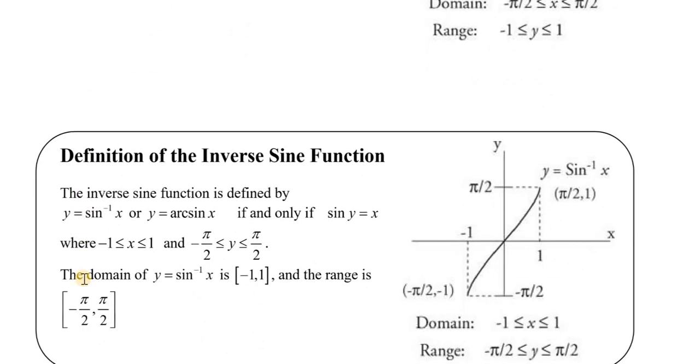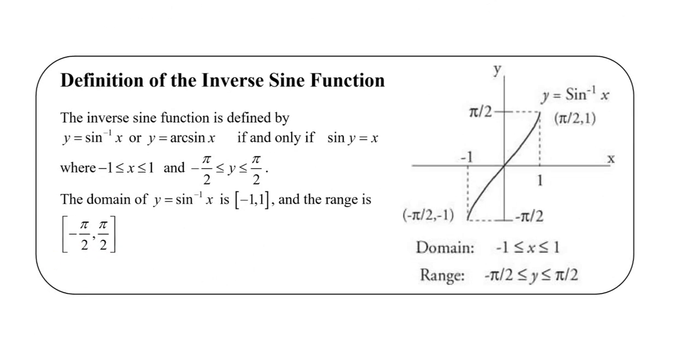So here's our definition of an inverse function. The inverse sine function is defined by sine negative 1 of x, so that is the inverse sine, or by arc sine. So both of those mean the same thing. It's if and only if the sine of y equals x, where x is between negative 1 and 1, and y is between negative pi over 2 and pi over 2.